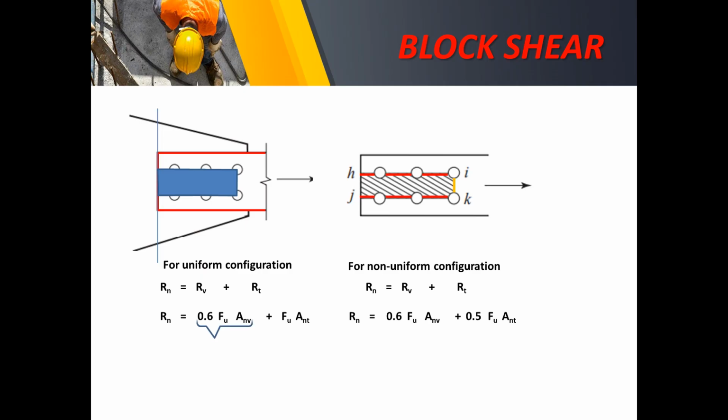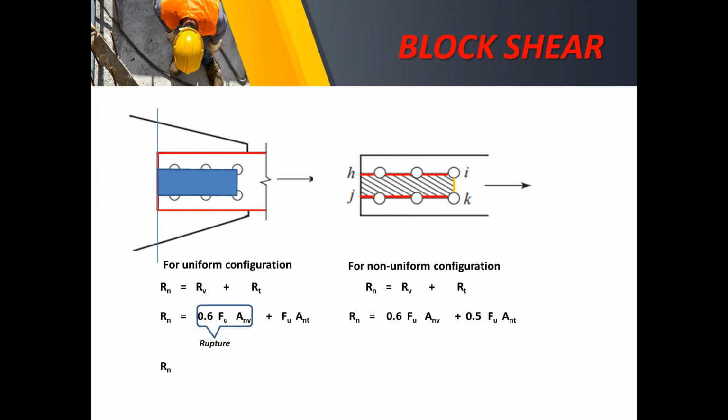Now you will notice that the first term is actually an expression for rupture. So we take note from the previous lessons or sessions, we have a comparison between yielding and fracture. When we have yielding, we deal with Fy. And if we have a fracture, we deal with Fu.